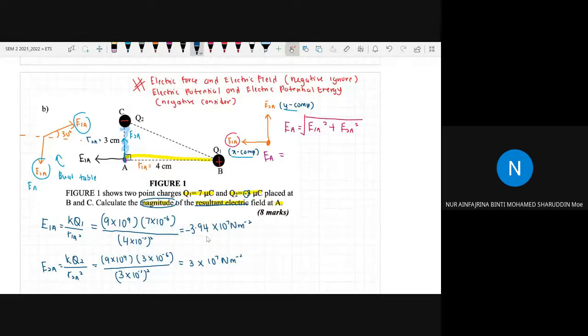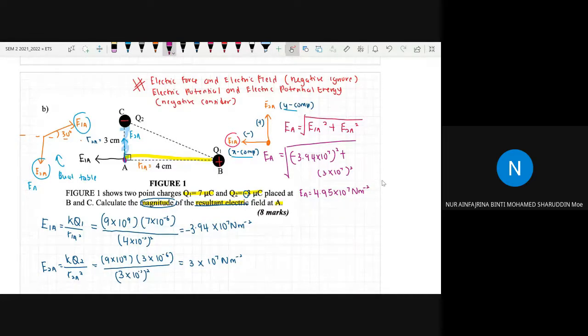Sebab dia ke kiri. So dia adalah negatif, ini adalah positif. Sebab electric field dia adalah vector quantity. So we must consider about the direction, okay? So no worries. Alright. So dekat sini dia akan ada negative 3.94 times 10 to the power of 7 squared tambah dengan 3 times 10 to the power of 7 squared. So square root, you akan dapat you punya EA adalah 4.95 times 10 to the power of 7 Newton per meter squared.